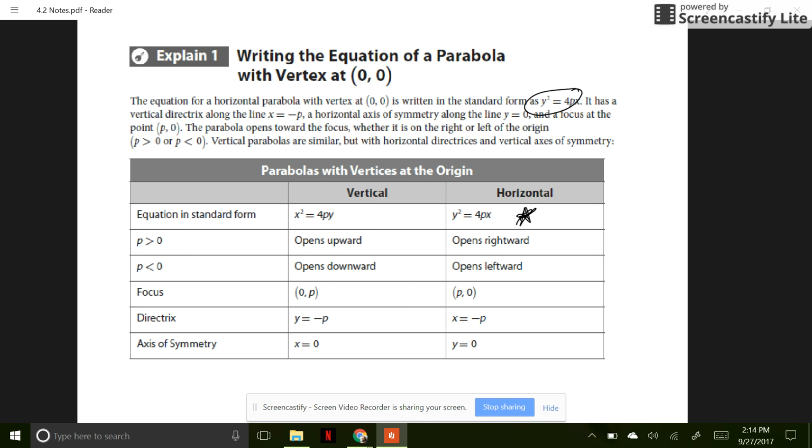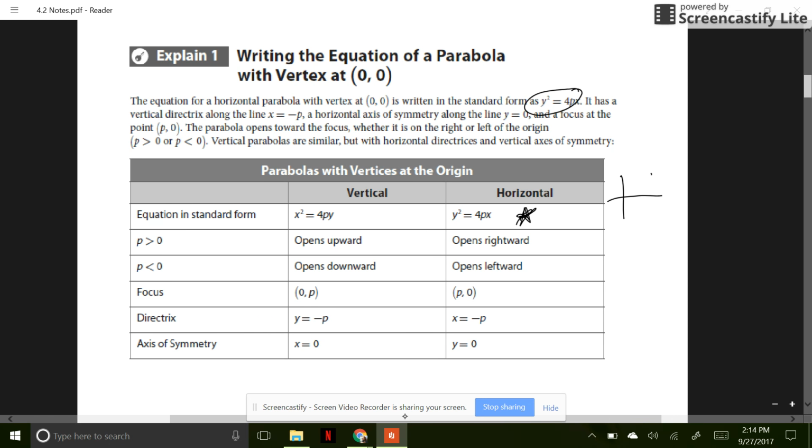Now p is the distance from any point on your parabola to the focus or the directrix. If p is greater than 0, if p is positive, a horizontal parabola will open to the right. If p is negative, it will open to the left.